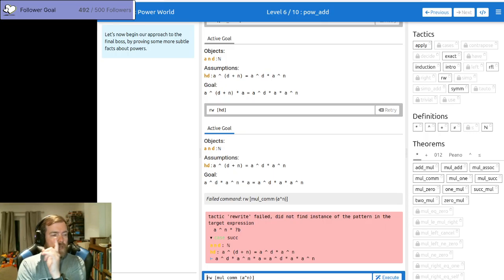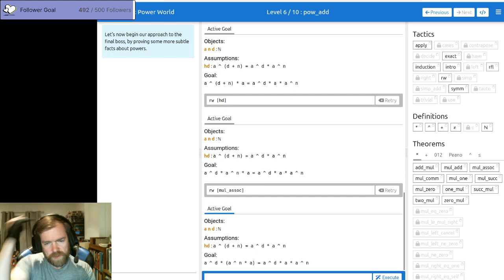Oh, that's right, because this does associativity as well. The first two things... Okay, so we need multiplicative associativity of the first two.